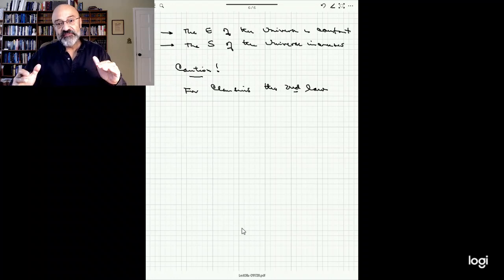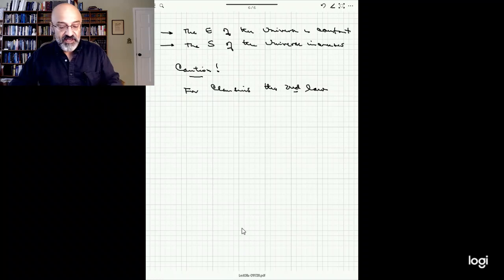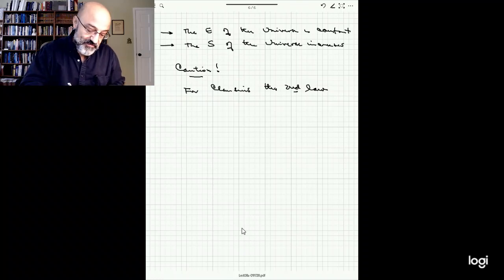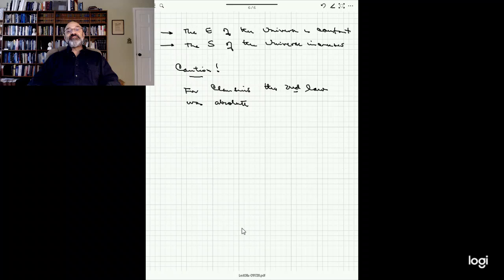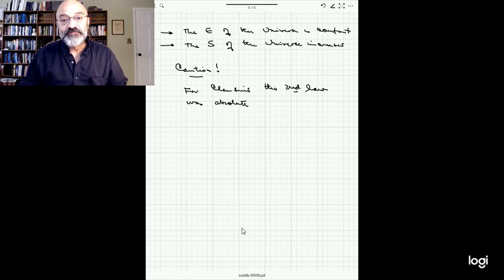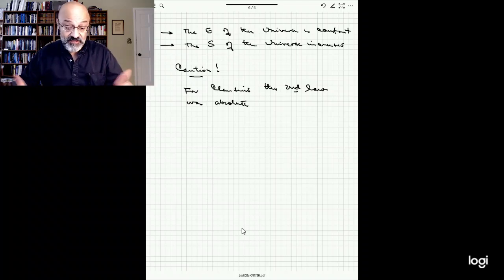It wasn't a matter of extreme probability that the entropy would increase. It was an absolute law, and so he attempted to derive it from mechanical principles. By absolute, what I mean is that the second law was a matter of certainty.